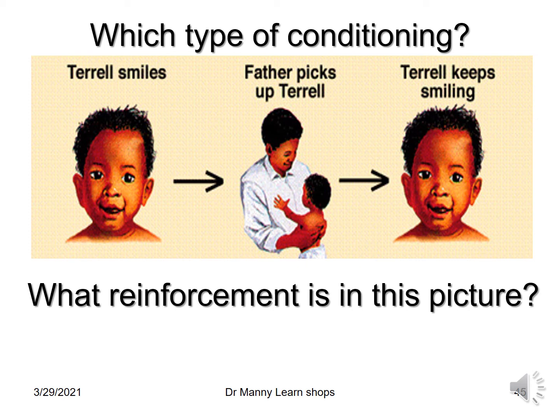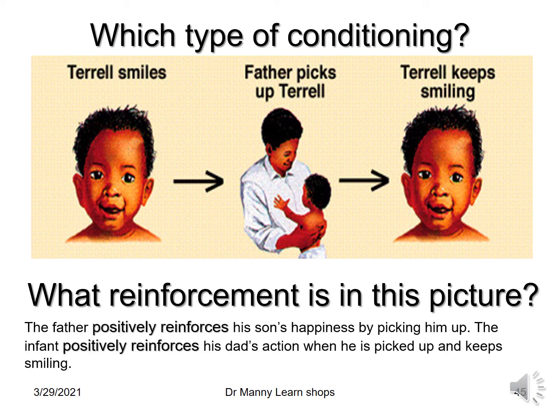Which type of conditioning do you think is happening here? You've got little Terrell, he smiles. His father picks up Terrell. Terrell keeps smiling. What sort of reinforcement is in this picture? The father positively reinforces his son's happiness by picking him up.